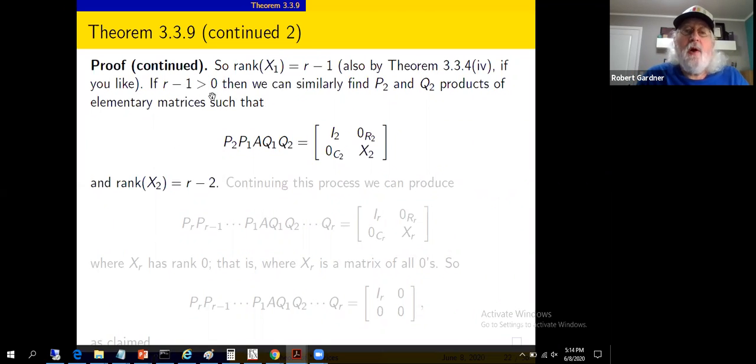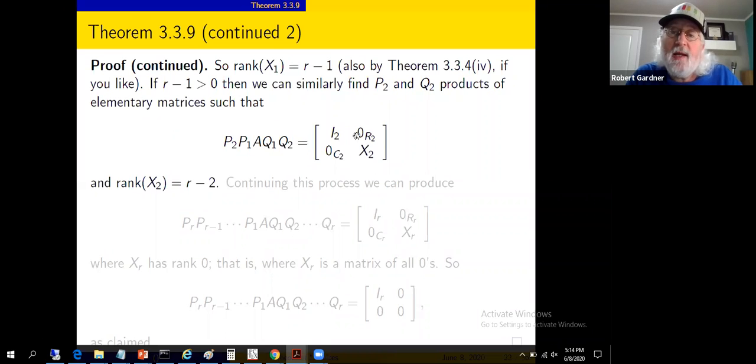All right, so if R minus 1 isn't 0, then do it again. Find P2 and Q2 products of elementary matrices where we'll produce something like this. So now we've got the first and the second column. We've got an I sub 2 here. First and second columns are as you want them. First column is a 1 followed by zeros. Second column is a 0, 1 followed by zeros.